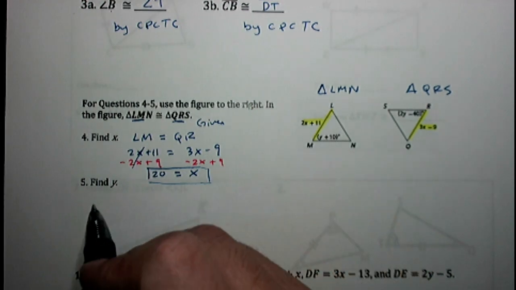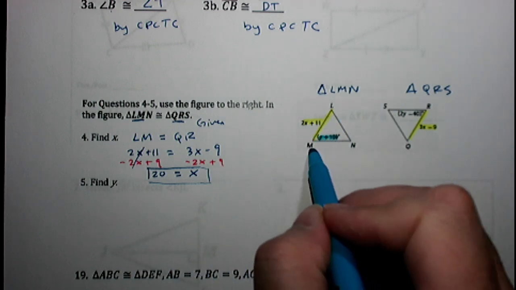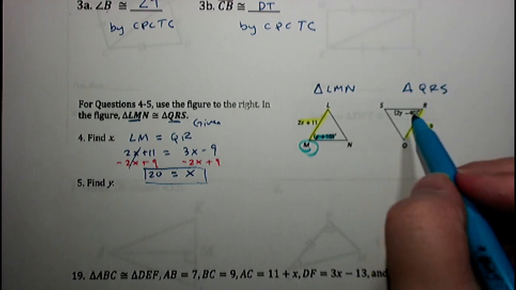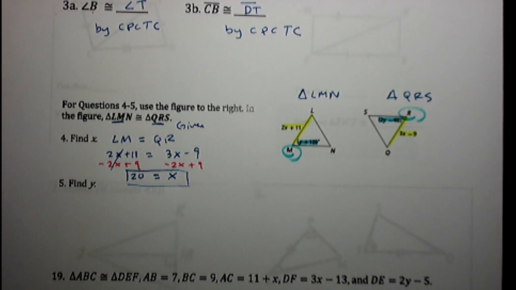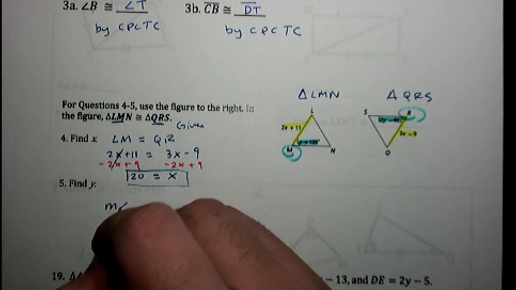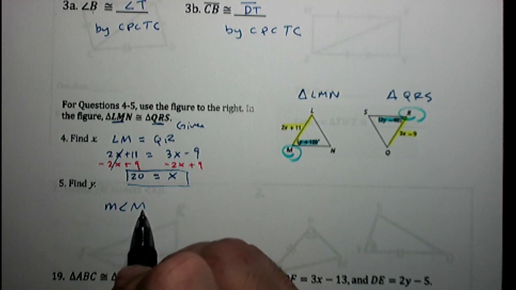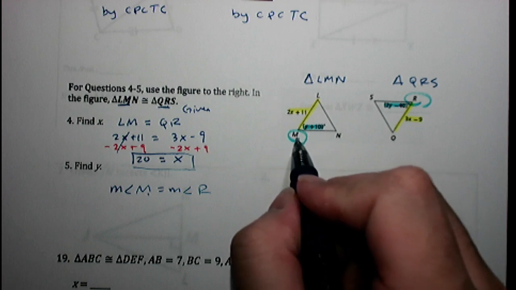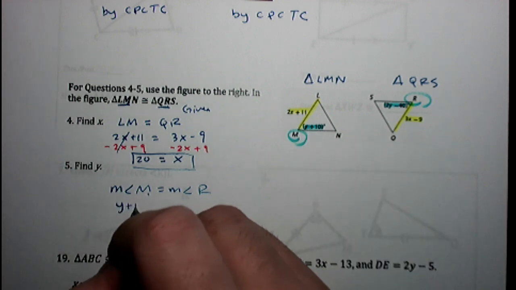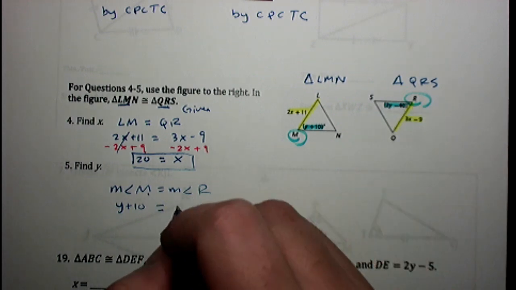So now I'm going to go ahead and find y. So y is right here, that y plus 10, and it's part of angle M. And here's my y for this triangle, and it's part of angle R. So here's angle M. The measure of angle M is the second letter, so it corresponds with R. So the measure of angle M is equal to the measure of angle R. So the measure of angle M is y plus 10, which is equal to the measure of angle R, which is 2y minus 40.